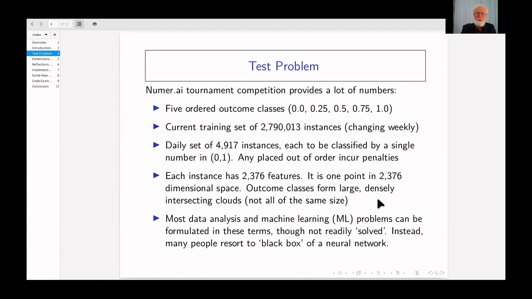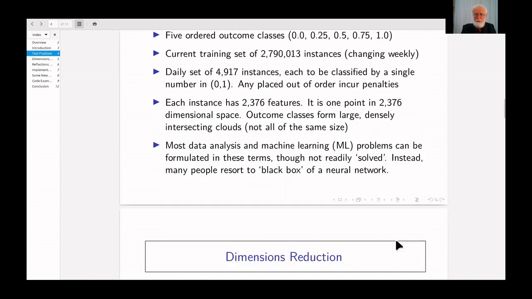Now most data analysis and machine learning problems can actually be formulated in these terms, though not readily solved. Instead, many people resort to the black box of a neural network.